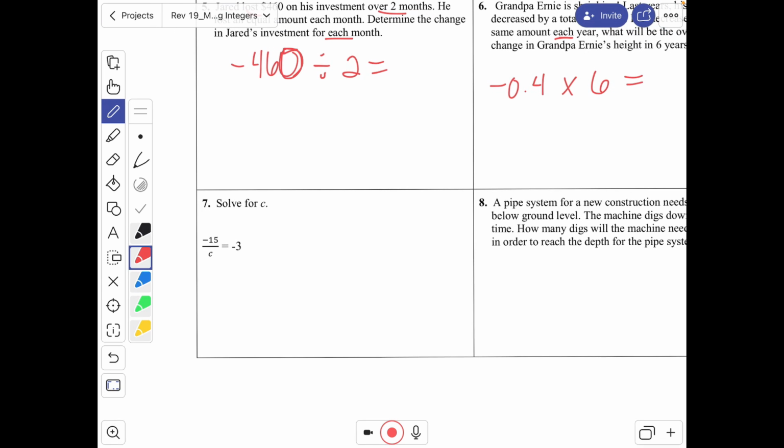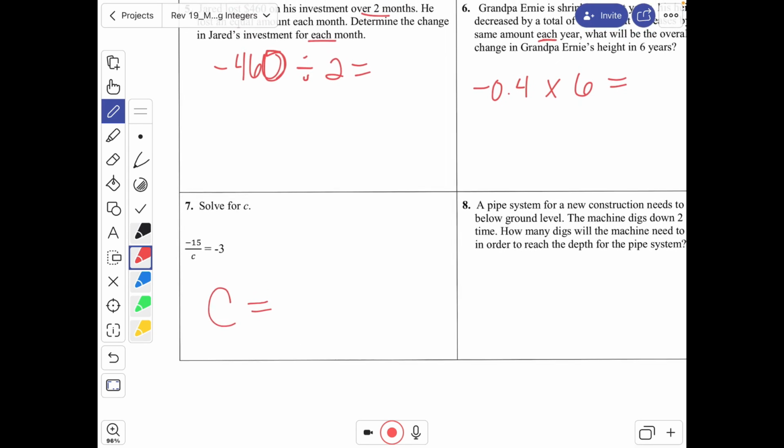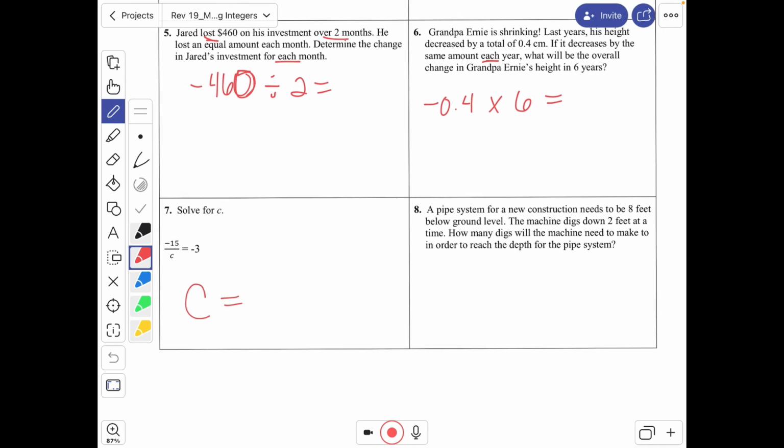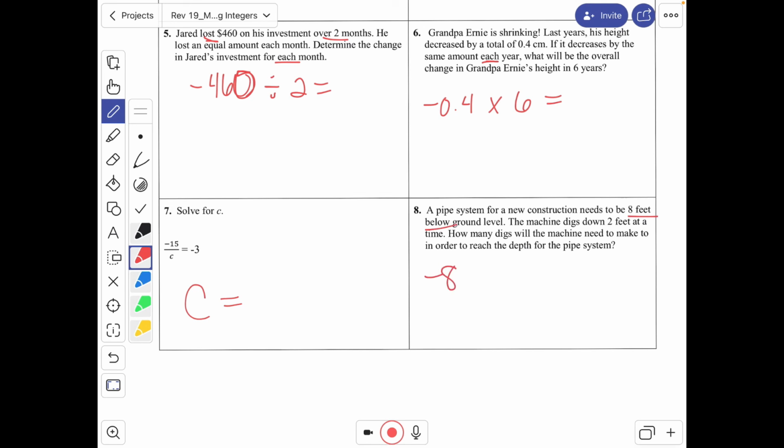And then number 7, that looks a little bit different, but it says solve for C. So that's negative 15 divided by something equals negative 3. What would we have to divide negative 15 by to get a negative 3? Whatever we would have to divide negative 15 by, that would be the answer. Number 8, a pipe system for a new construction needs to be 8 feet below ground level.